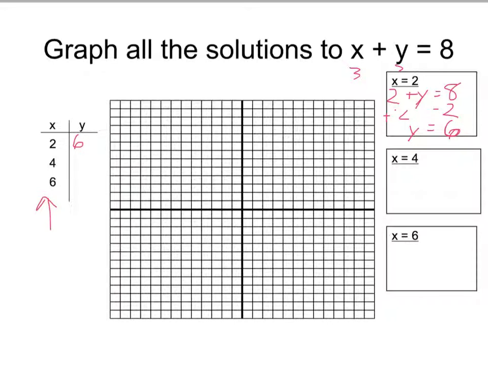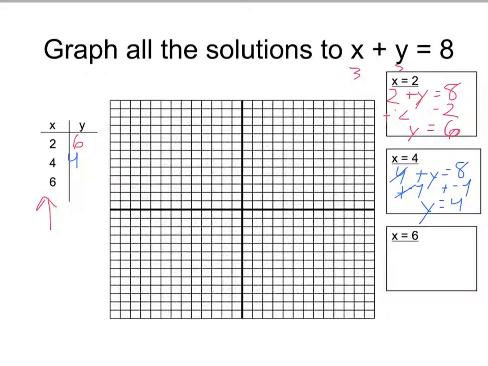Now for x equals 4, I'm just going to plug in 4 for x, so 4 plus y equals 8. And then I'm going to solve for y, so add negative 4 to both sides. That cancels out those 4s, and 8 plus negative 4 is 4, so y equals 4 is my second value.